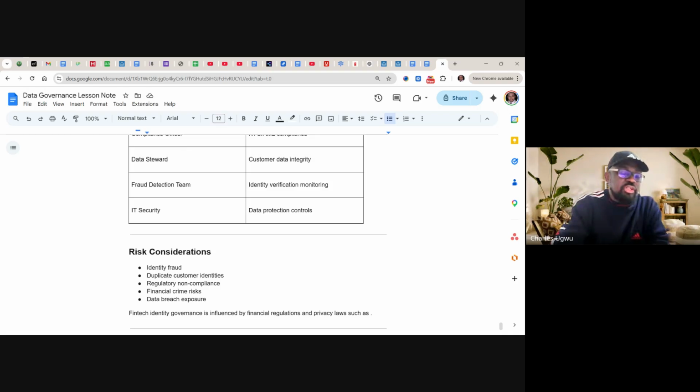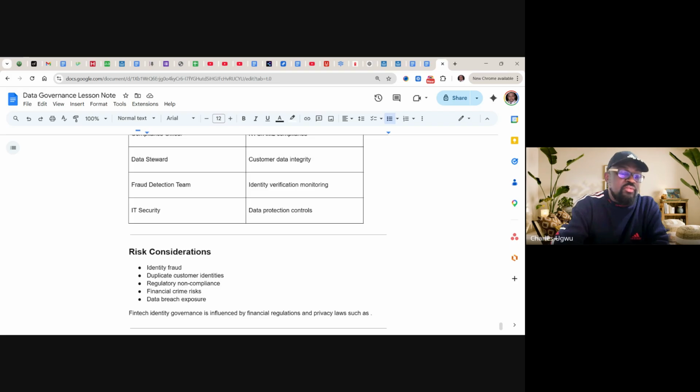And risk consideration. Here, in a situation of weak master data management, we are going to be having identity fraud. We are going to be having duplicate customer identity. We are going to be having regulatory non-compliance.